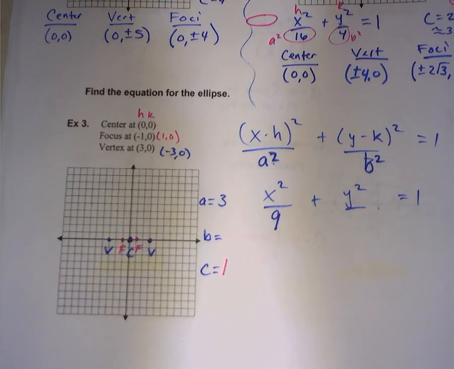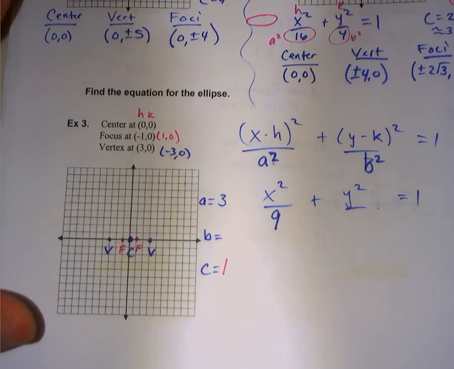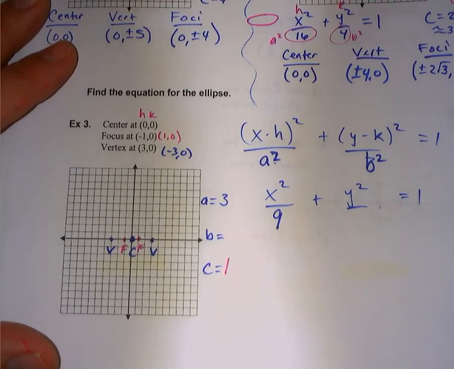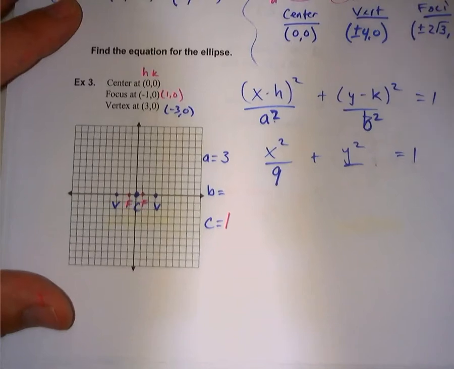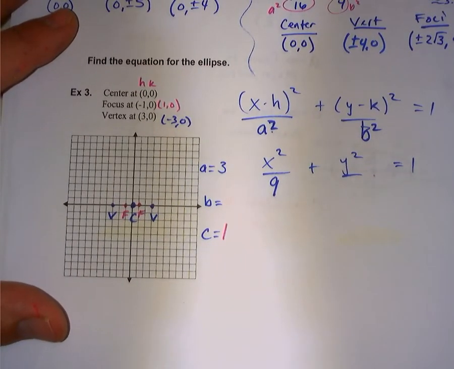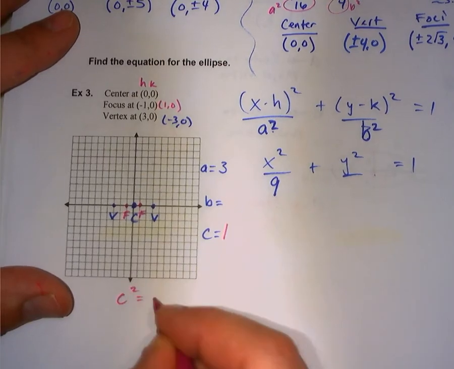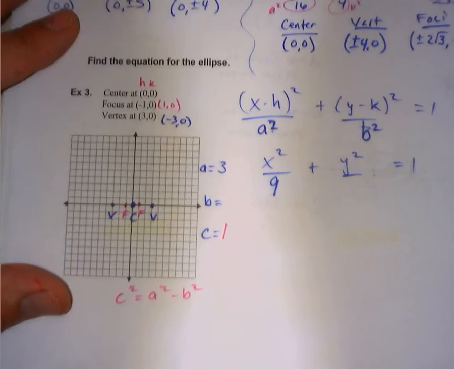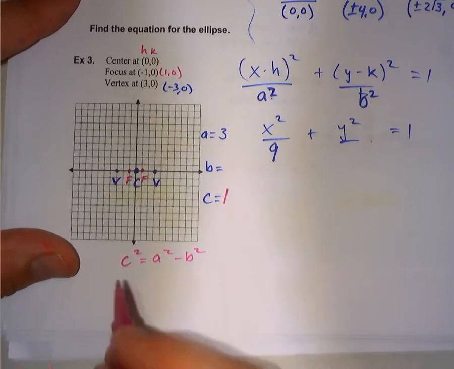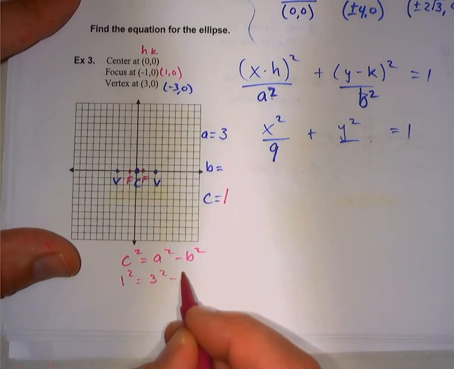But we have a formula for that. What formula do we have for b? Yeah, find the difference between a and c. So c squared equals a squared minus b squared is the formula. Again, I'm showing a lot of work here so you guys can see what I'm doing.